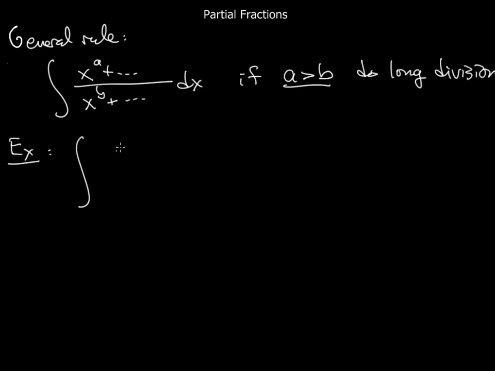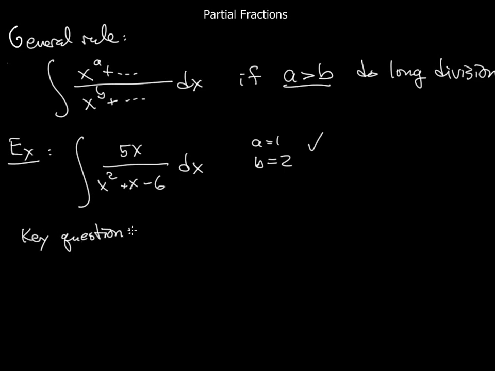Suppose I gave you the integral of 5x over x squared plus x minus 6. So the degree in the numerator is 1, and the degree in the denominator is 2, and 1 is less than 2, so you don't need to do this first basic reduction step.